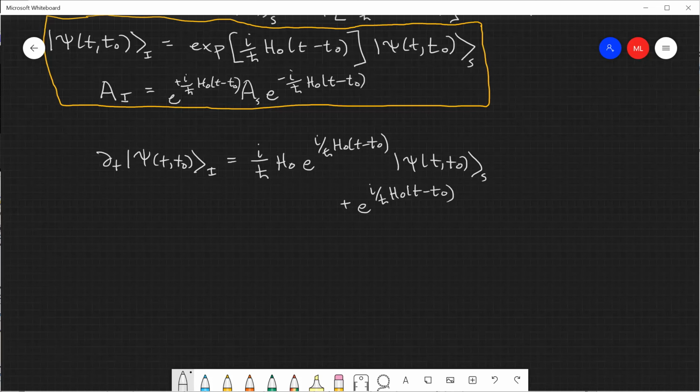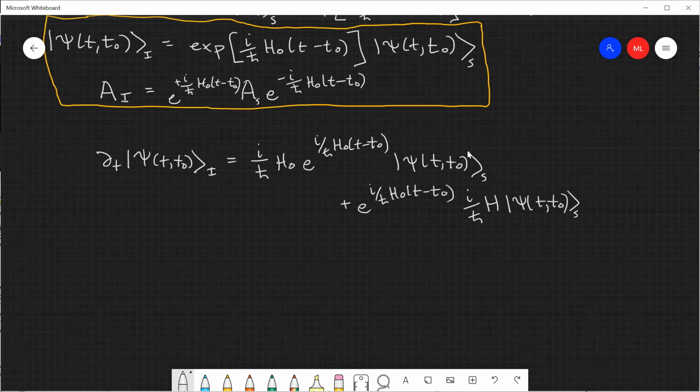When it hits the Schrodinger part, it just gives us the Schrodinger equation, minus i over h bar H psi t naught.